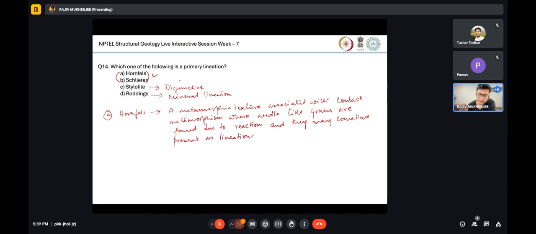But this is strictly not associated with deformation, and that is why it is primary.